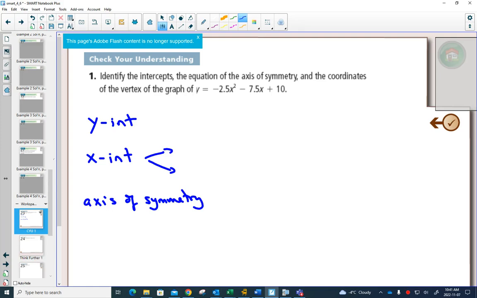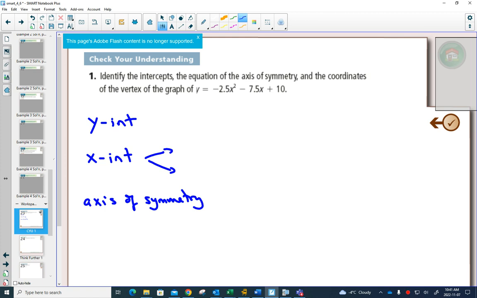In chapter 3, we used the discriminant to find that out. In chapter 4, you could use the vertex and whether it goes up or down to tell that, right? If your vertex is below and it's going up, you're going to have 2 x-intercepts. If it's above and it's going up, you're going to have none. And the only time you have 1 is if your vertex is right on your x-axis.